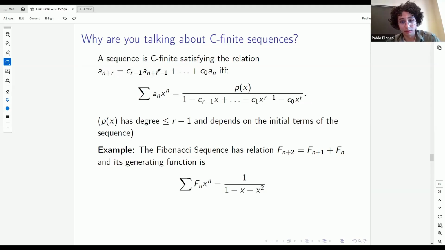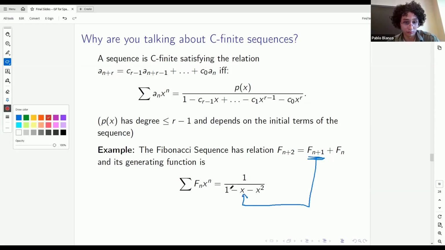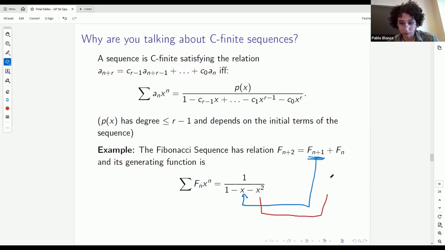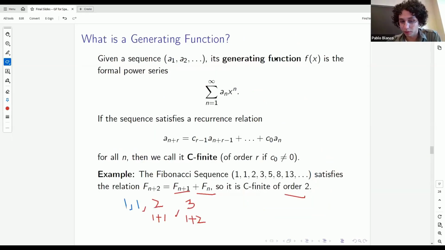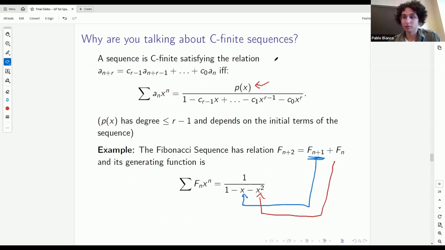So in the Fibonacci case, this corresponds to this, and this is going to correspond to that. Your numerator is going to depend on the initial values that you picked. So, for example, 1, 1 in the Fibonacci sequence, we kind of decided on those in a sense.